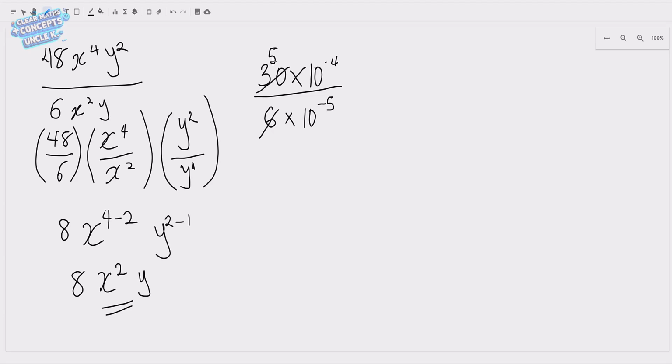Alright, let's continue. Now this one you can just do straight away. So you have 30 divided by 6, this will give you 5. So you have 5 times, you have 10 raised to power. Now let's pay attention here. You have minus 4. Now this division will become minus, but then the power of the denominator already has a minus.